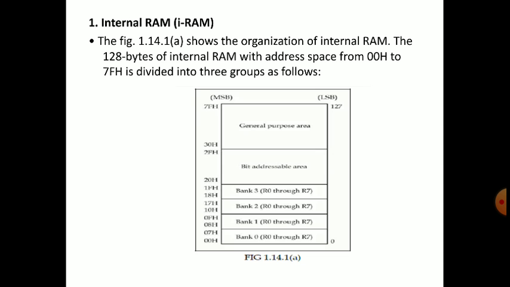So we have from 00 to 127 only. So 80 minus 1, we have 7FH. That is the address range of internal memory IRAM, 00H to 7FH. And this particular 128 bytes of internal RAM is divided into 3 groups or 3 parts.